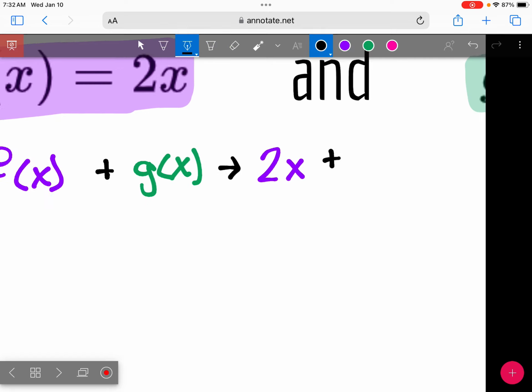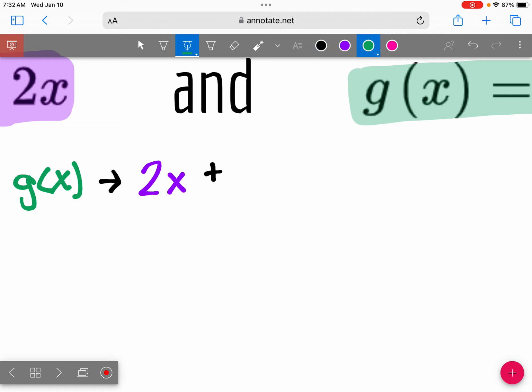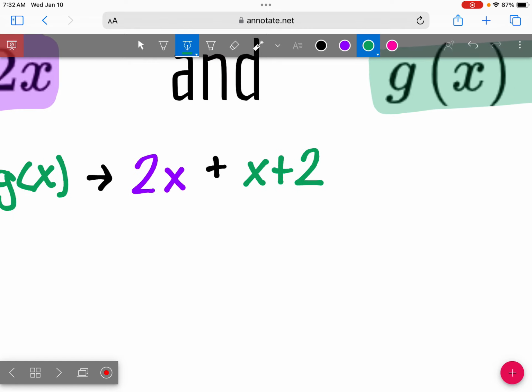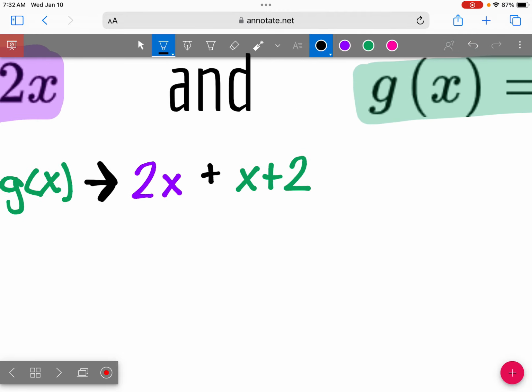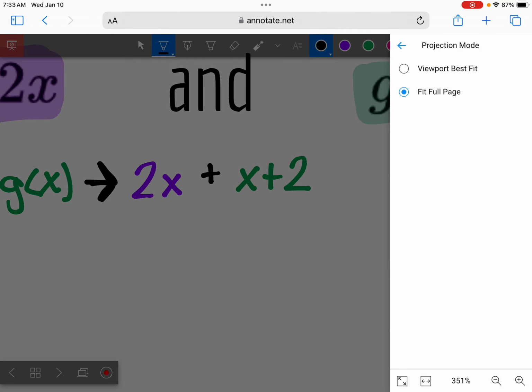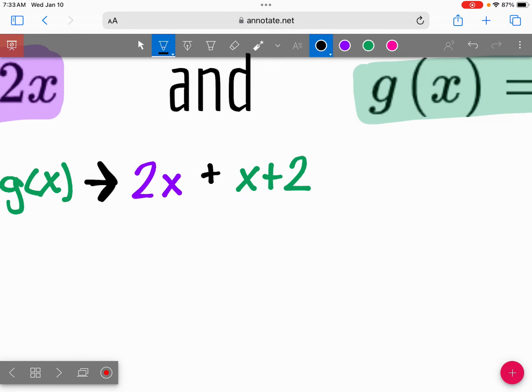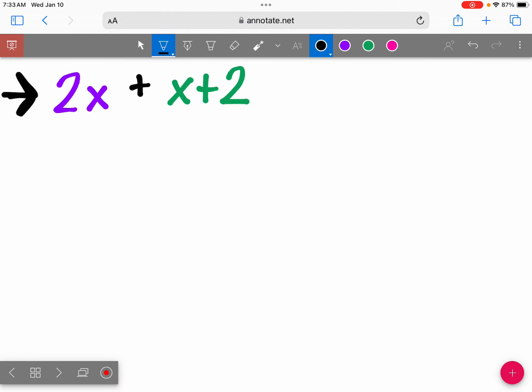And then when I'm going to add in g of x, I'm going to write x plus 2. So now we have 2x plus x plus 2.